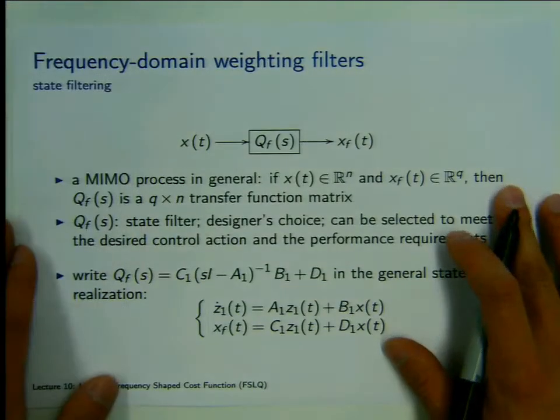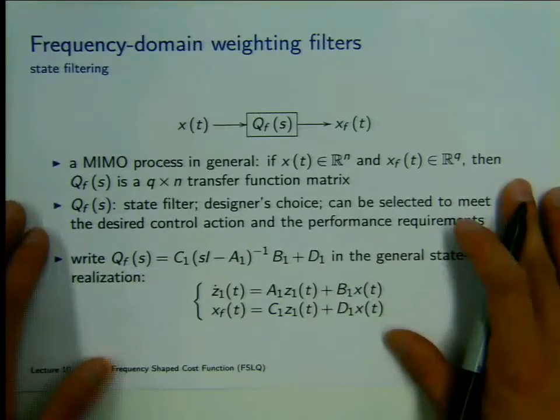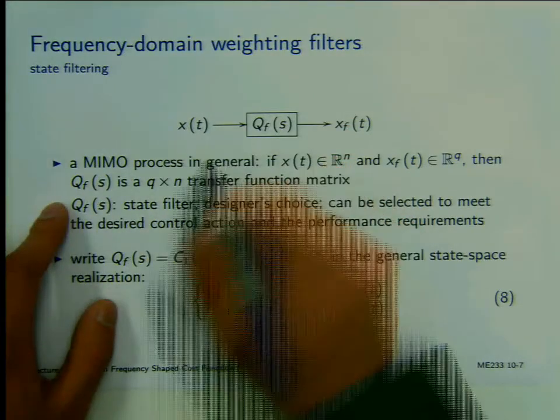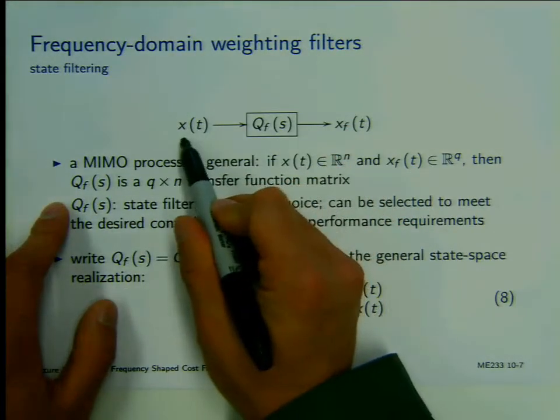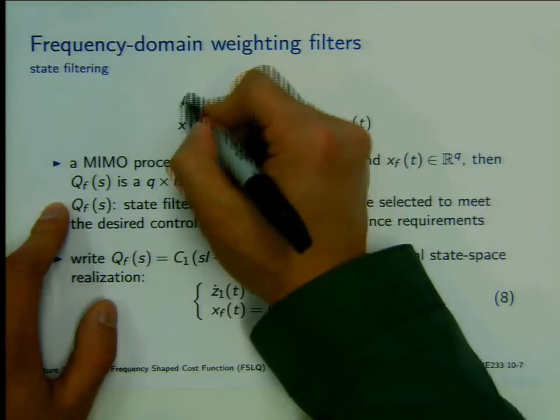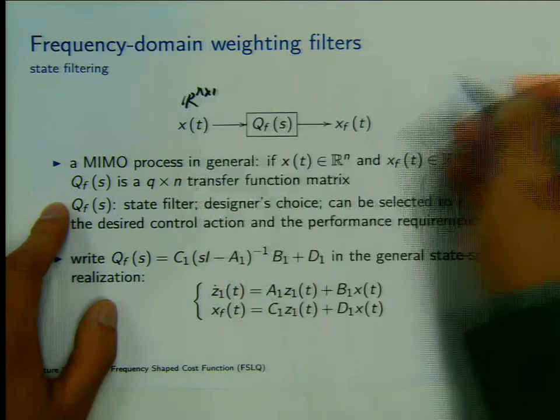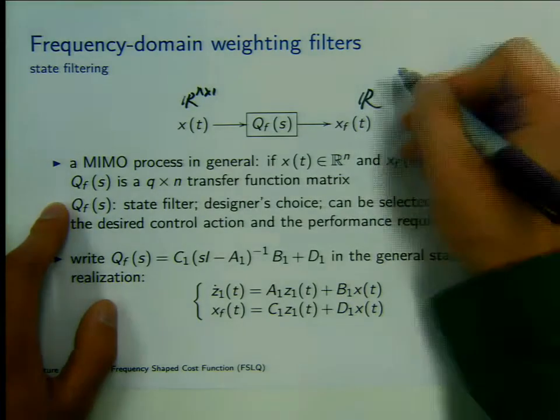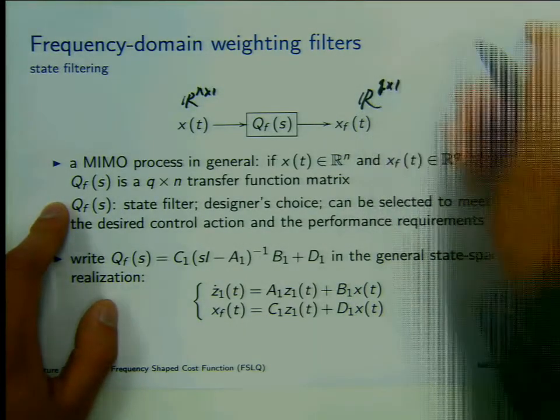The first thing to recognize is that this is usually a multiple input, multiple output system, because the state X can be a dimension of n by 1. And this filtered state, depending on how you design it, let's say the dimension is q by 1.